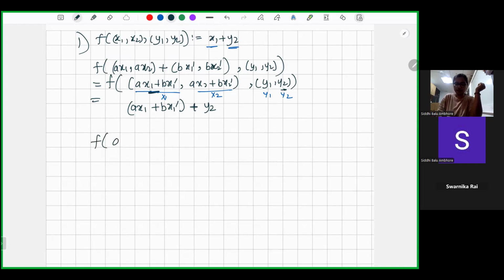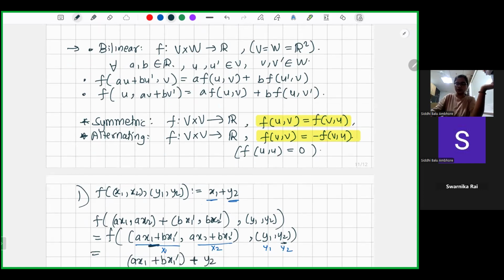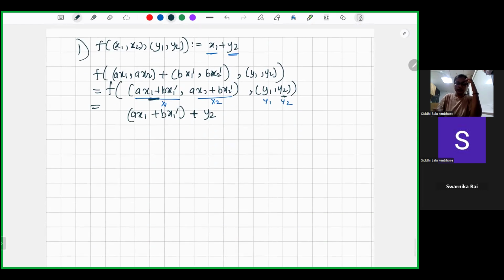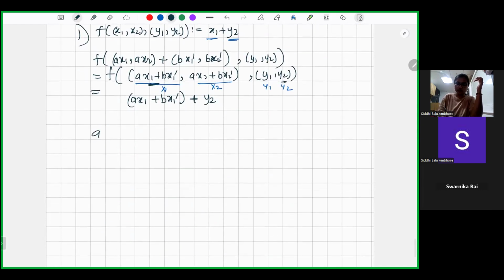Because I want this to be equal to a f of (u, v) plus b f of (u dash, v). But the moment I do that, this is a into f of (x1, x2, y1, y2) plus b into f of (x1 dash, x2 dash, y1, y2).